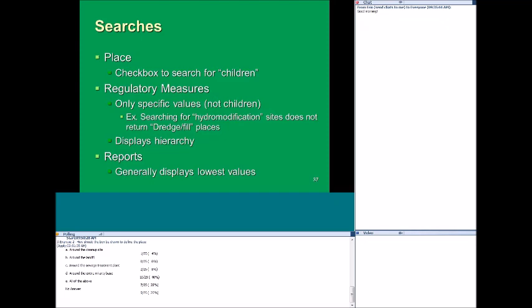So if you search for hydromodification, it doesn't return a child of hydromodification, which is a dredge and fill place. And if you don't search for anything specific in the regulatory measure module, however, that criteria isn't used, and it will just return any place type where the place fits your other criteria.